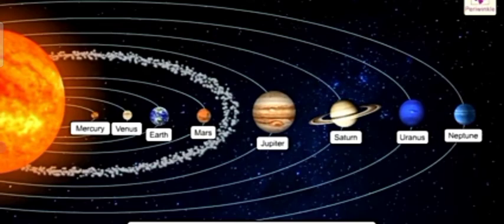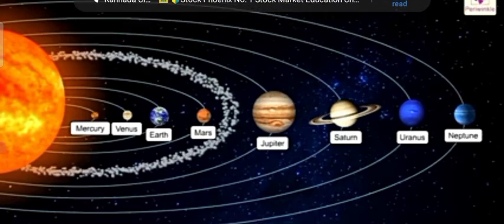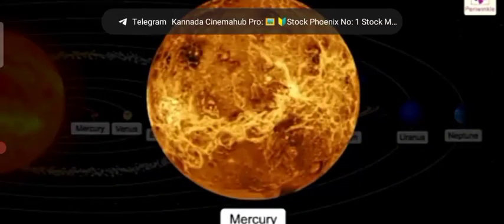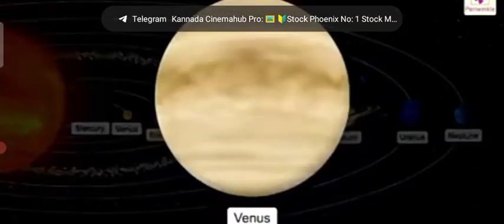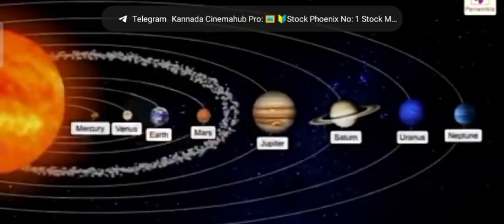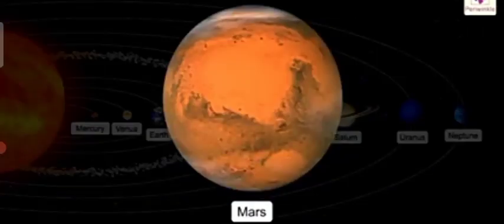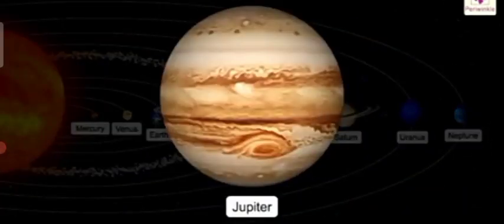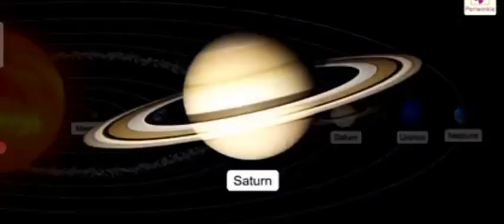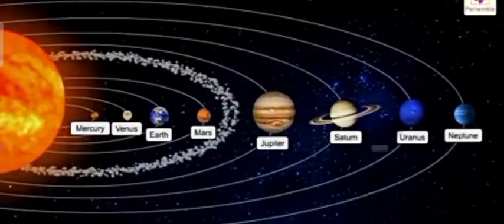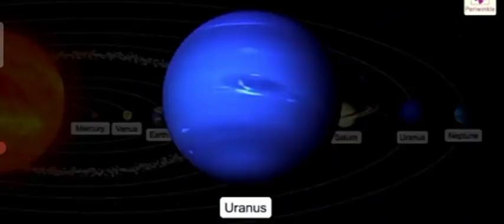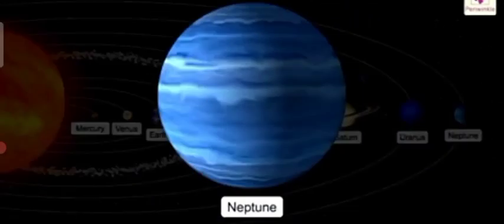There are 8 planets in our solar system, namely Mercury, Venus, Earth, Mars, Jupiter, Saturn, Uranus, and Neptune.